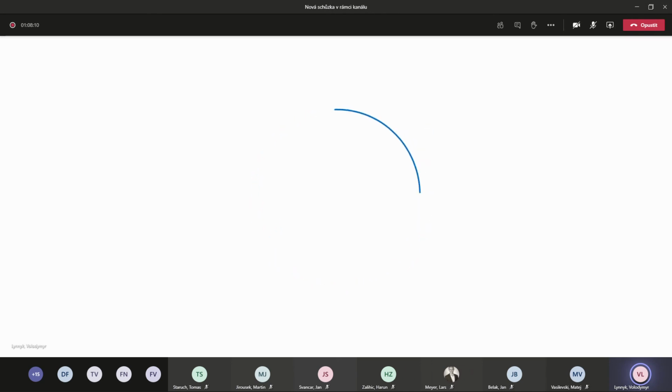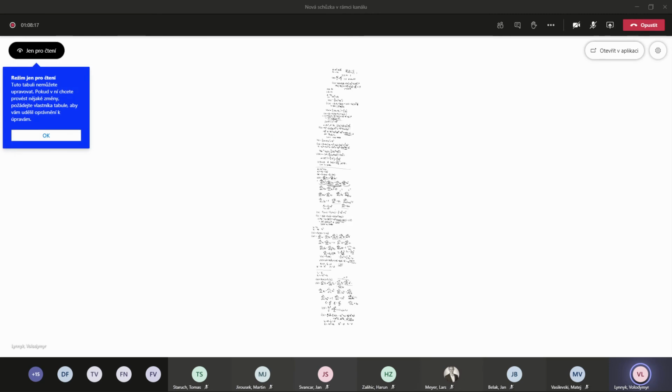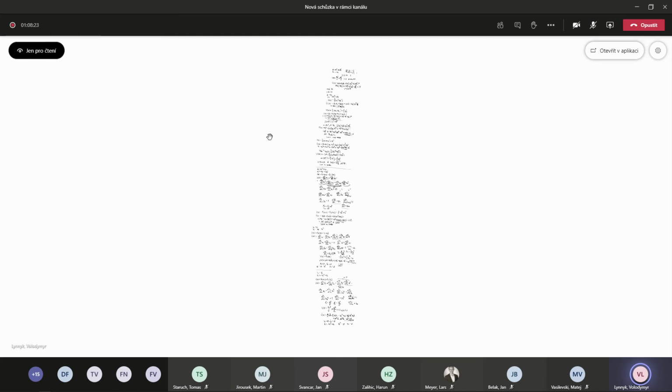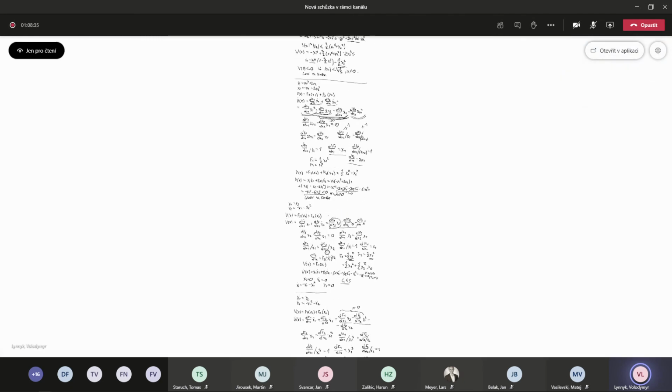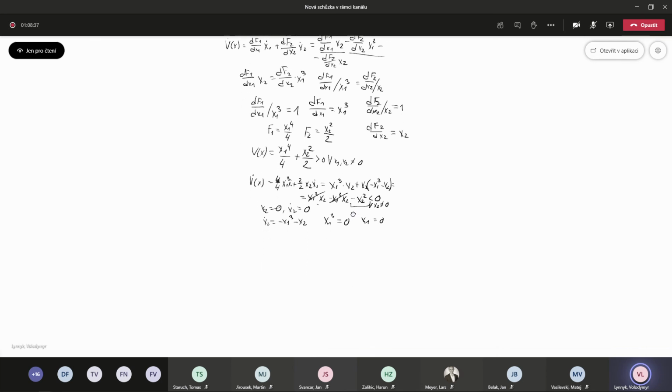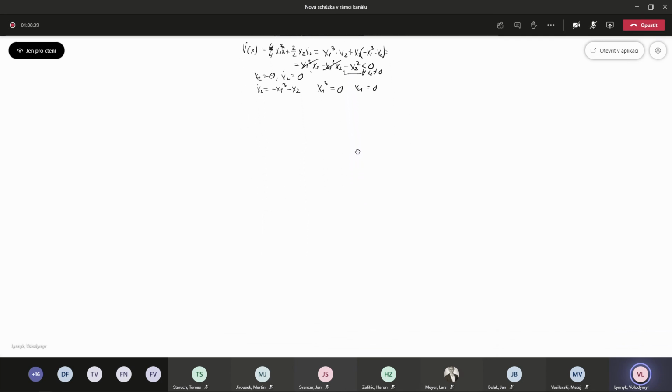Okay, I try to start this whiteboard. I hope. Okay, this first example. We start with this Lyapunov function. Now you see this whiteboard? Yes.